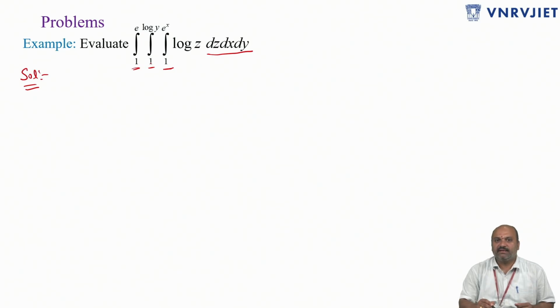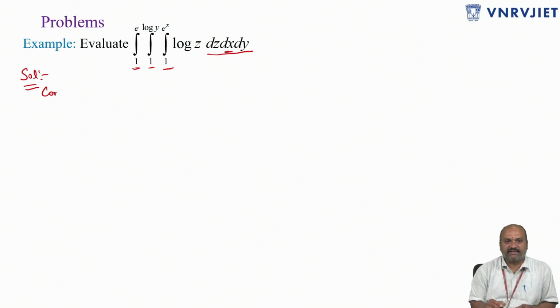The middle integral limits are 1 to log y, which are functions of y, so these can be x limits or z limits. But also here we have confusion, so we have to follow this order: x limits. And finally 1 to e, which are y limits. We follow this order and evaluate first with respect to z, then with respect to x, and finally with respect to y.